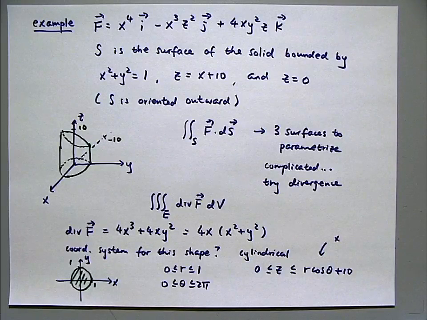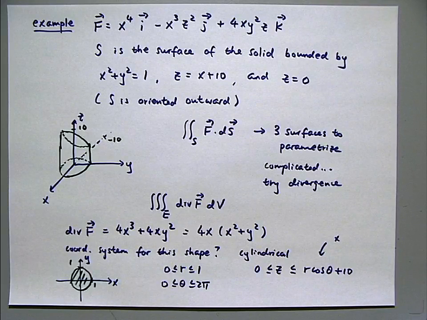Okay, so that's not a bad integral to deal with. The integral from 0 to 2 pi, 0 to 1, 0 to r cosine theta plus 10, of 4r to the 4th cosine theta, dz, dr, d theta. The first round is with respect to z, and I don't see any z in here.